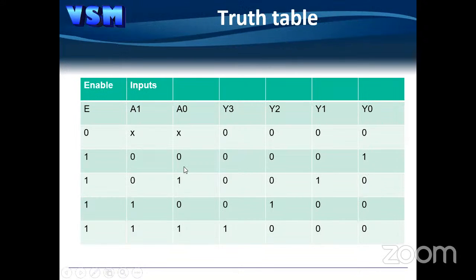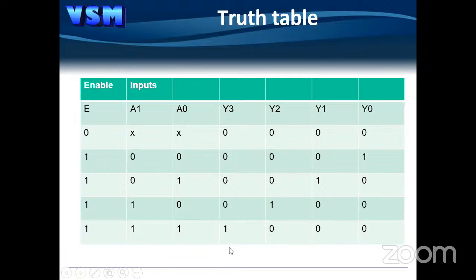In the same way, when A1 is 0 and A0 is 1, then Y1 will be high, and when A1 is 1 and A0 is 0, Y2 will be high. Remaining all are 0. When A0 and A1 are both high, then Y3 output will be high.